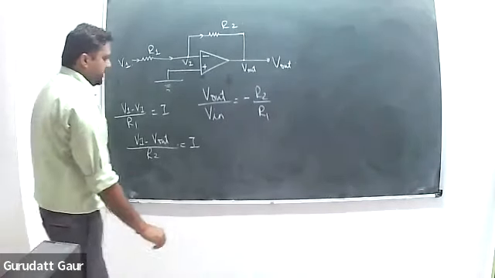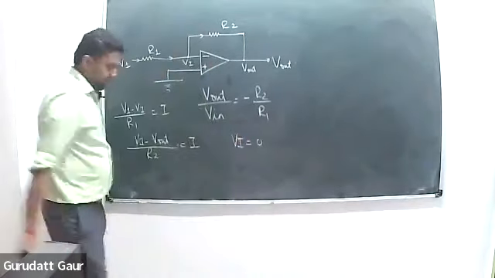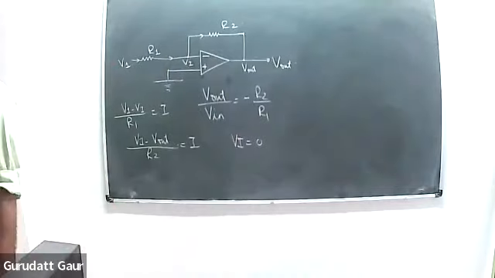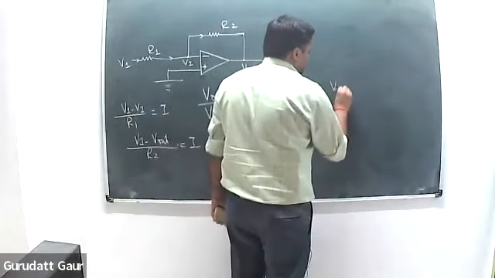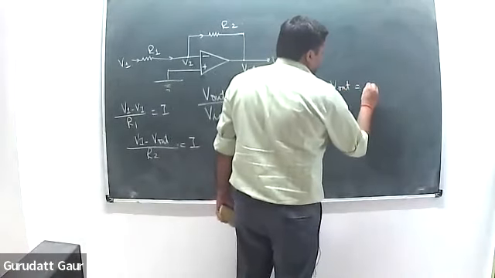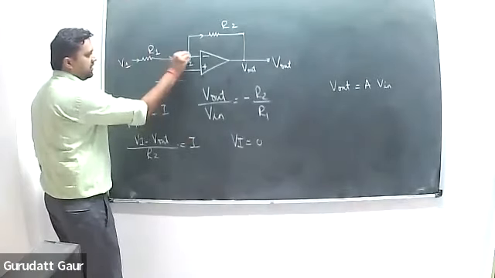And interestingly, VI will be 0. Why? Virtual ground point. इसका मतलब ये है that V out is basically infinite times V input, right? So this has to be 0. So 0 होने के लिए जितना voltage यहाँ पे है, the same voltage should occur here.